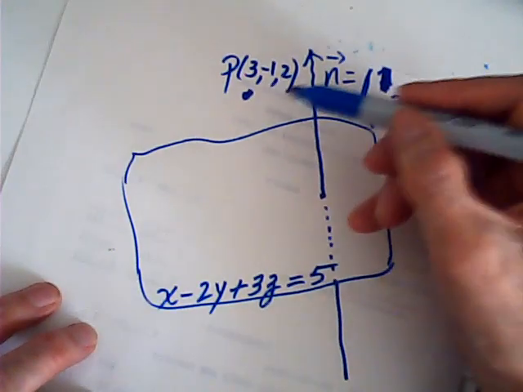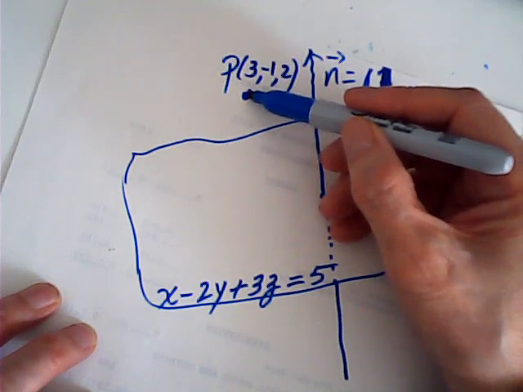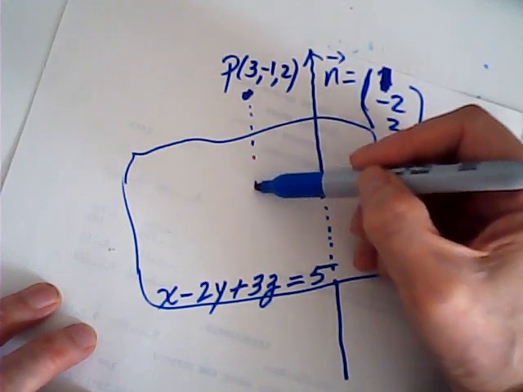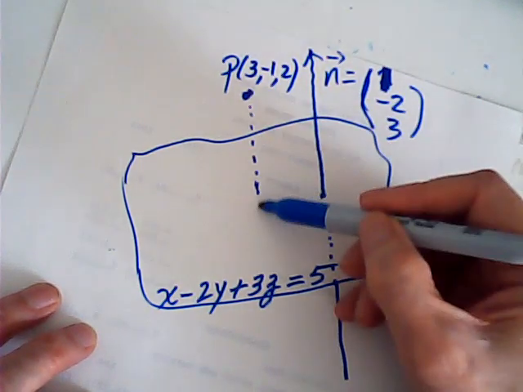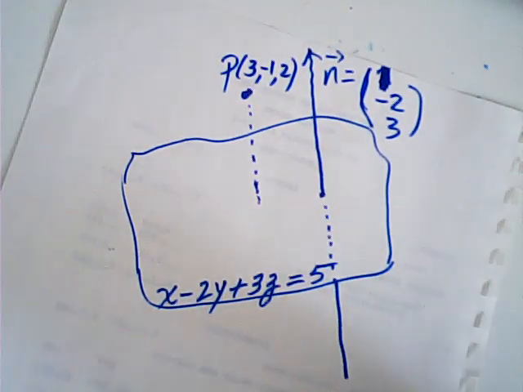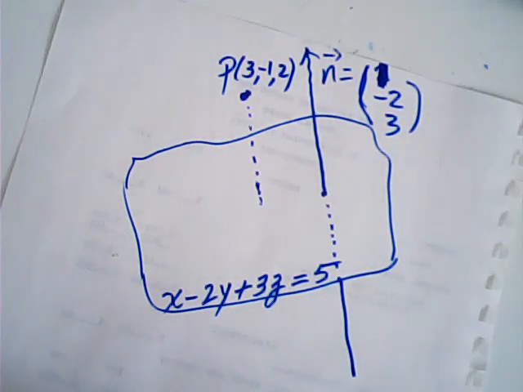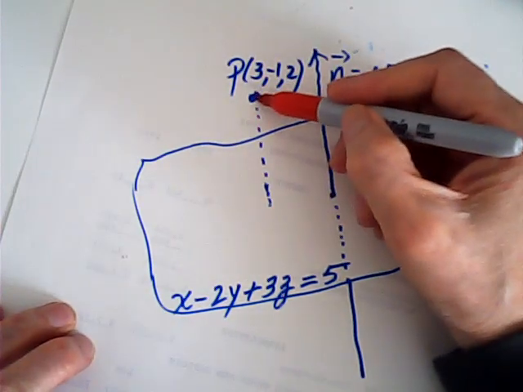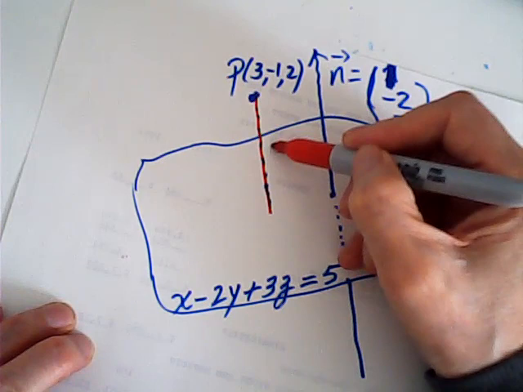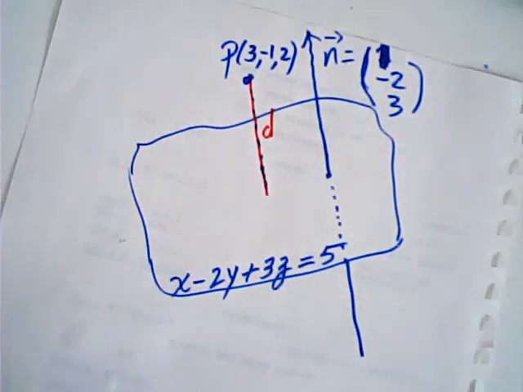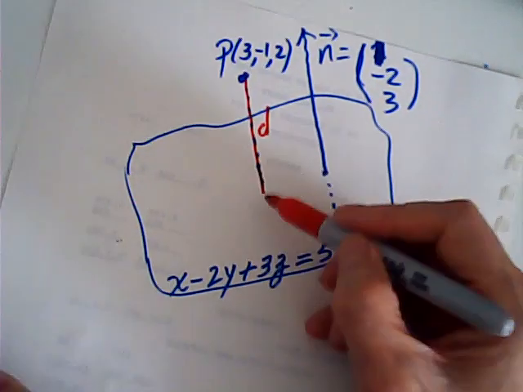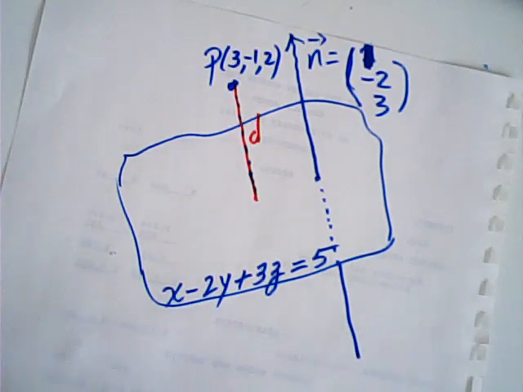We want to find a distance, right? This is the distance. Let me use the red pen. The distance D between the point and the plane.